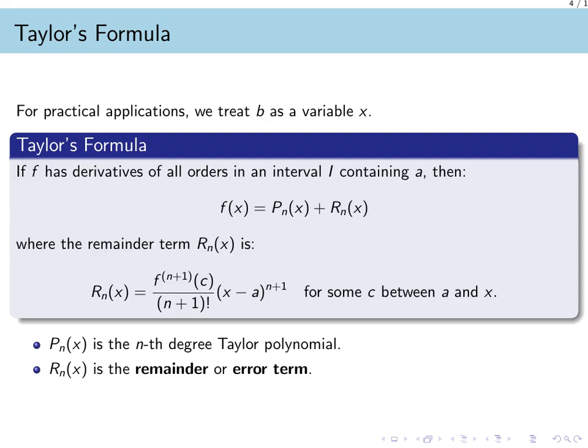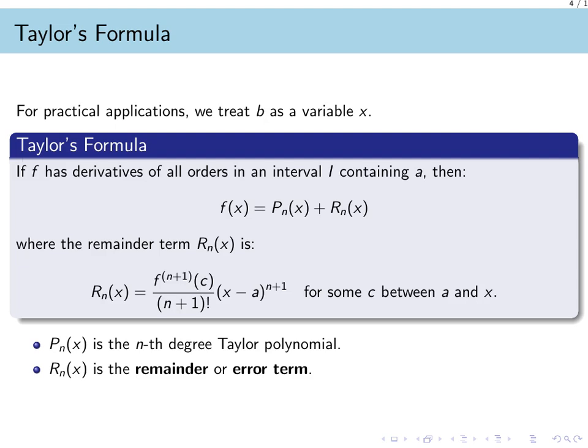This version, known as Taylor's formula, says that a function f of x is equal to its nth degree Taylor polynomial p sub n of x plus a remainder term r sub n of x. The polynomial part is our approximation, while the remainder represents the error of that approximation. The formula for this remainder term is what makes this so powerful.